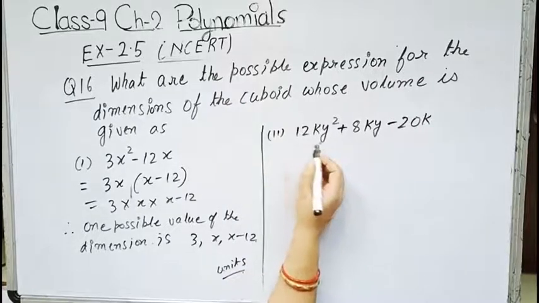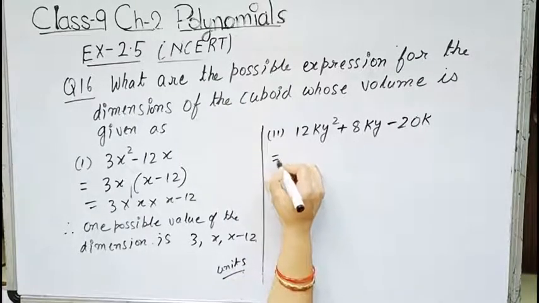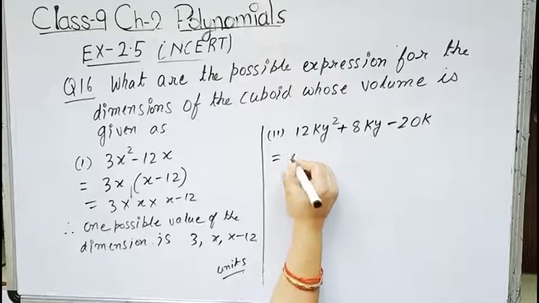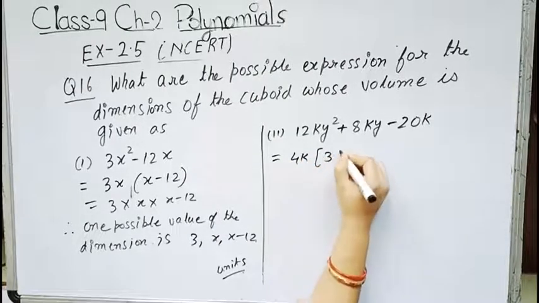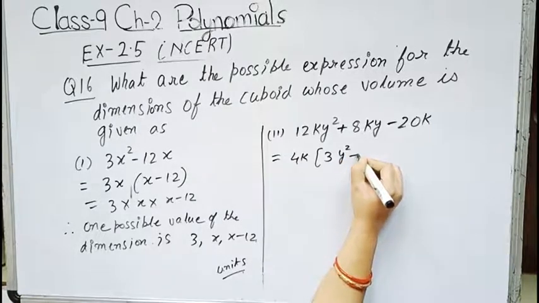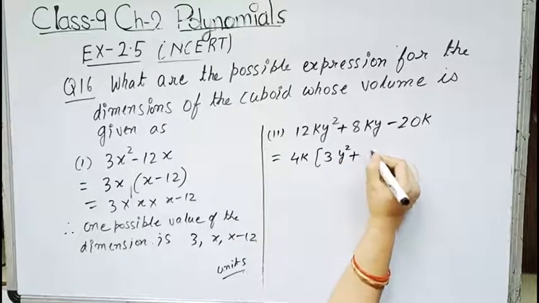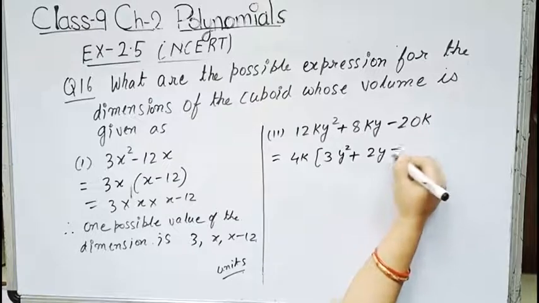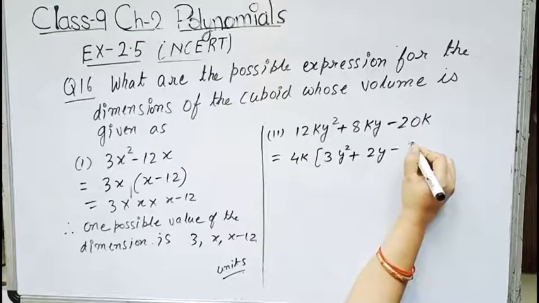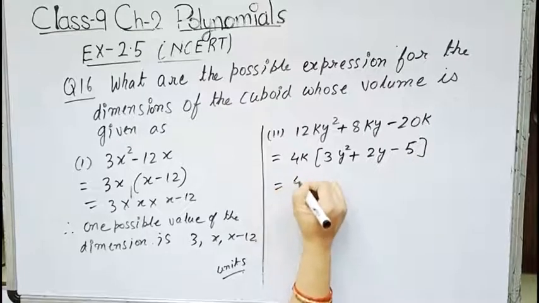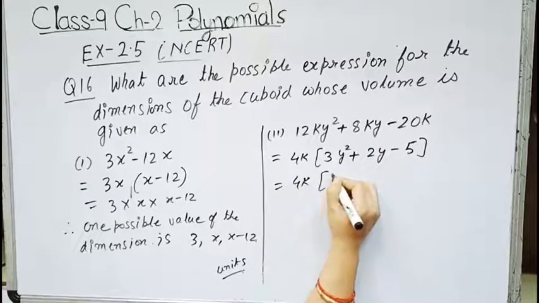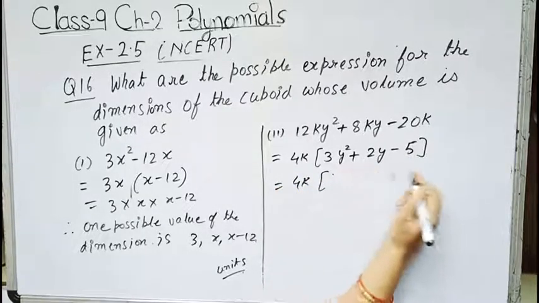Number 2, over here also we will take common first. So common will be 4k, left with 4 3s are 12, plus 2y minus 5. Now let us factorize it. 4k, 3 5s are 15.